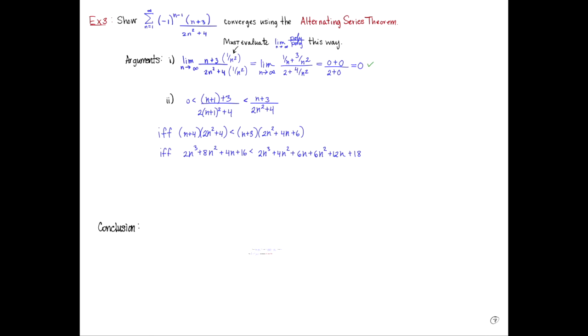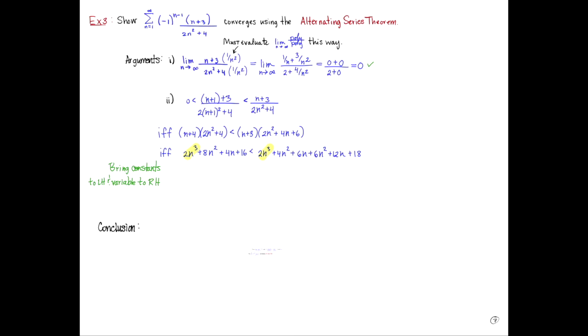For our next step, when you see this type of problem, bring all of your constants to the left-hand side and everything with a variable to the right-hand side. We have a 2n cubed and a 2n cubed, so those cancel out. Let's look at our squared terms.